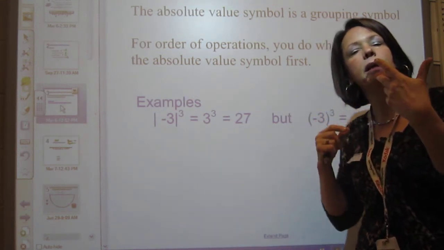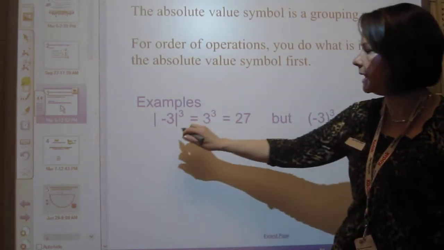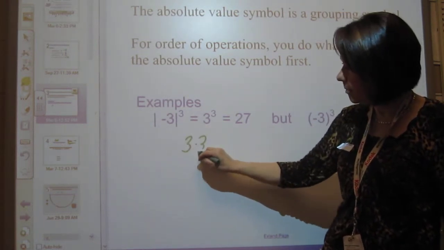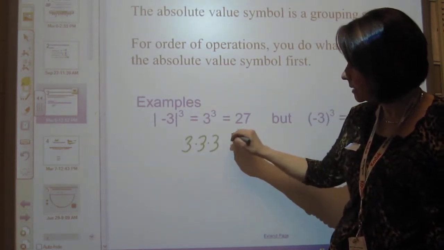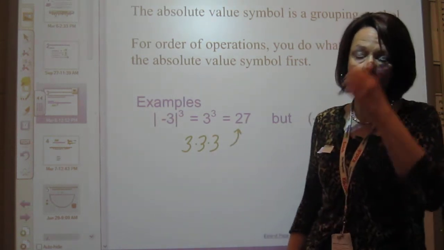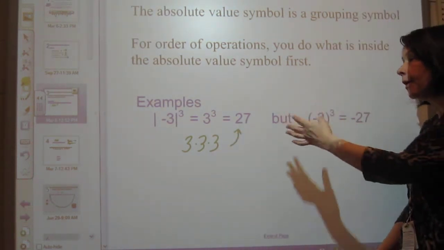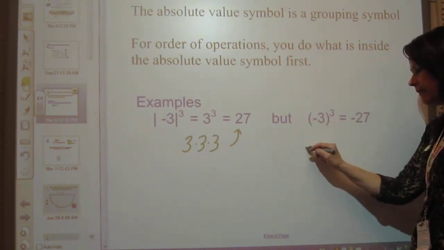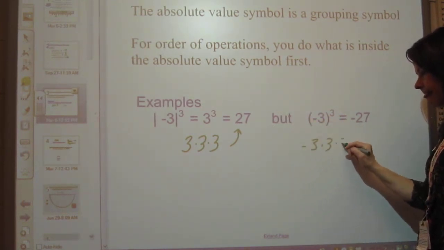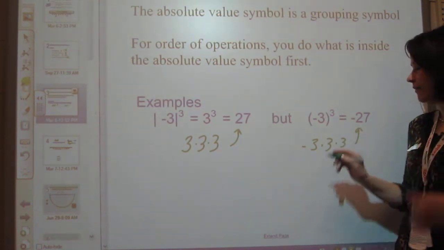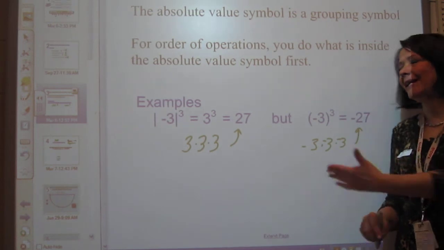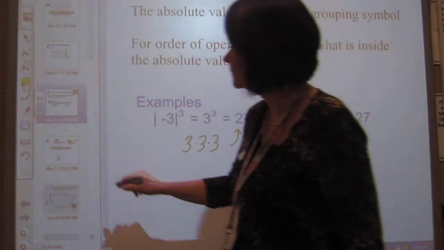We're going to turn the absolute value of -3 into a positive 3, and then perform the exponent operator. So that's positive 27. As opposed to over here, this is not the absolute value, this is just -3. And -3 times -3 times -3 is -27.